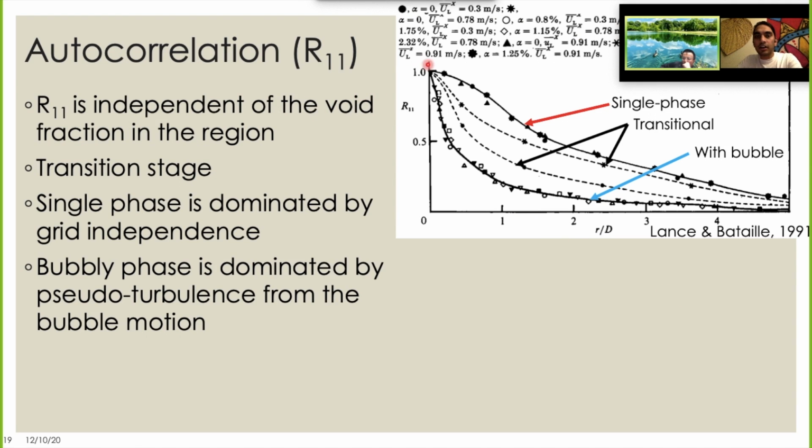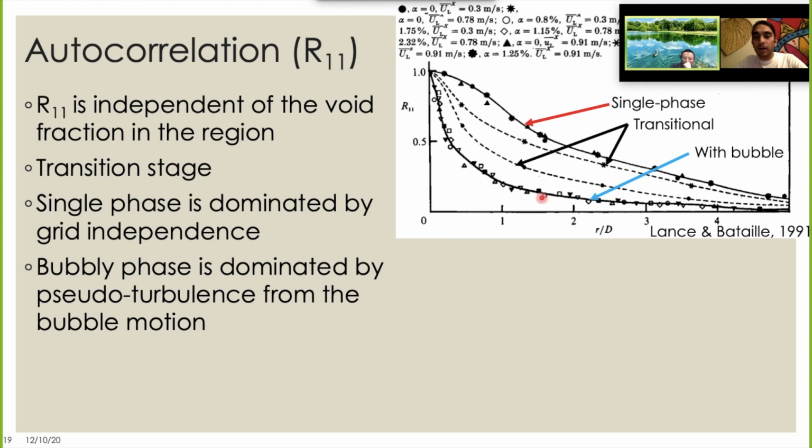We also have an autocorrelation plot here, and again the single phase autocorrelation, which is what we plotted in our homework, is plotted here, and also with the bubbles or void fraction. So we can see that there's a stark difference between the single phase flow and multi-phase flow, and in the middle there is a transitional range.